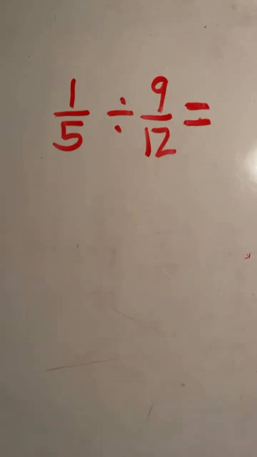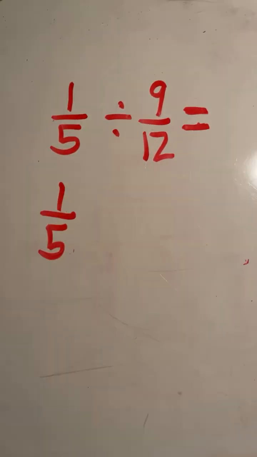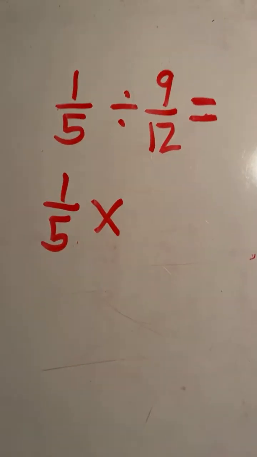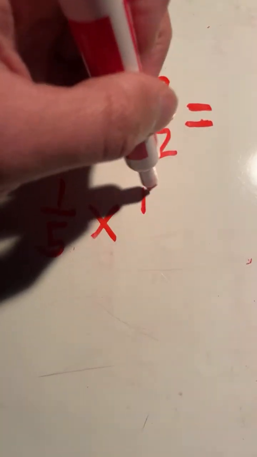So step 1, the first fraction, we keep that the same. Step 2, we change our division sign to a multiplication sign. Step 3, we flip. Our denominator becomes our numerator, and our numerator becomes our denominator.